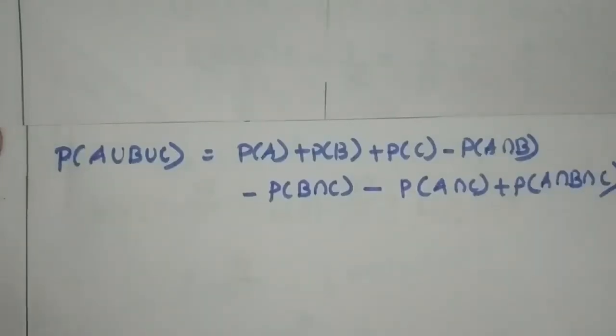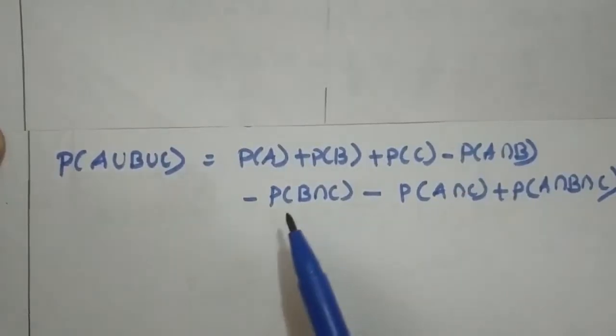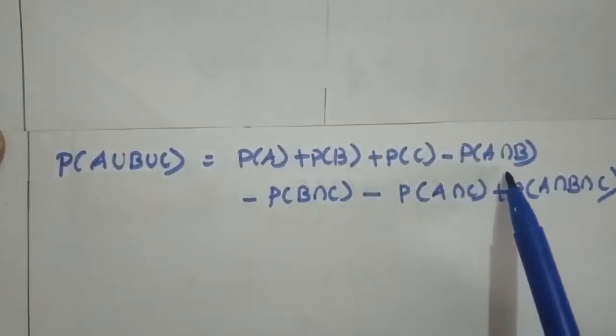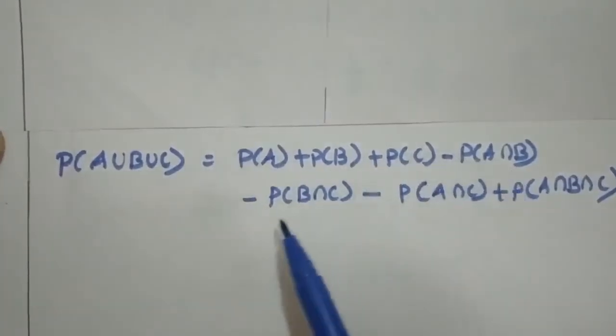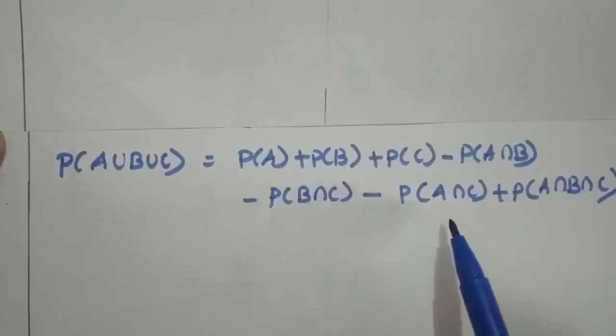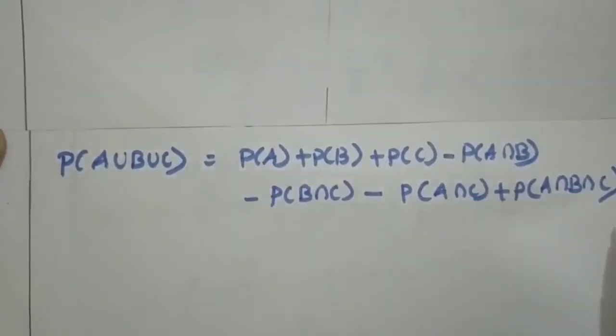The next step, we are going to substitute the values in the formula. So what's the formula for P of A union B union C? Yes, that is P of A plus P of B plus P of C minus P of A intersection B minus P of B intersection C minus P of A intersection C plus P of A intersection B intersection C.